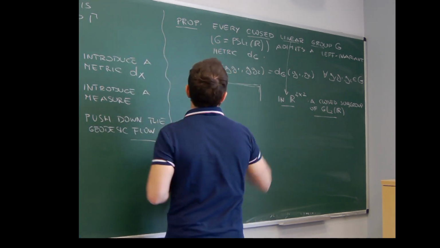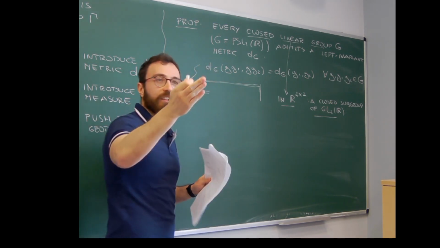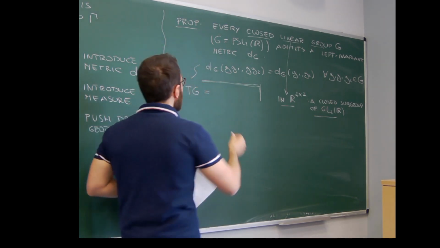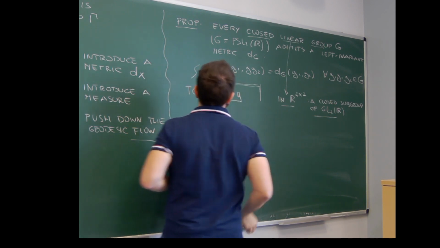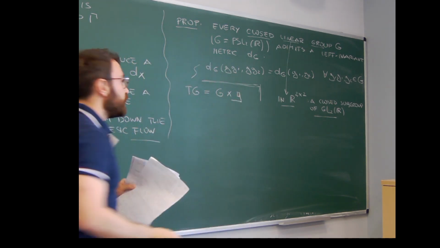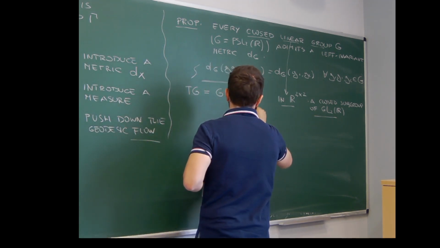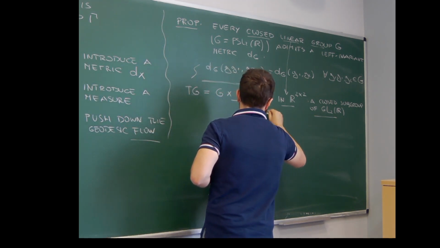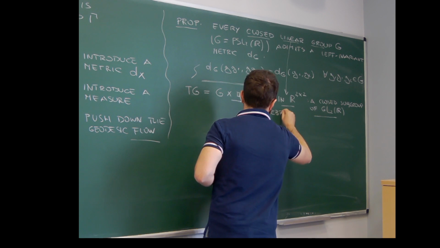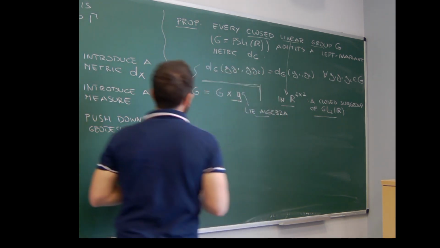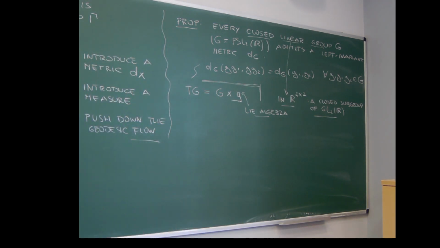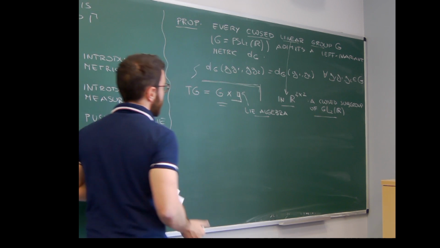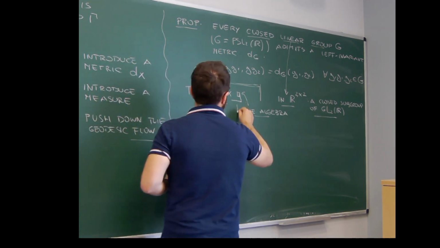Knowing that this is a closed linear group, as I think Davide showed us, one can identify the tangent bundle as G cross g, where g is the Lie algebra. And if you know that the unit tangent bundle looks like this, then essentially you can take any metric.